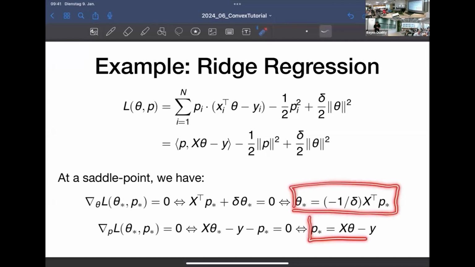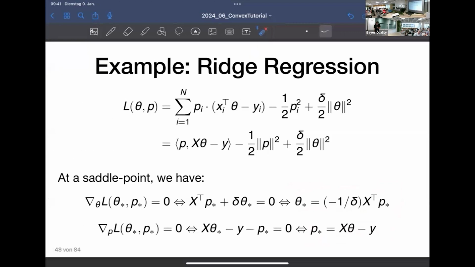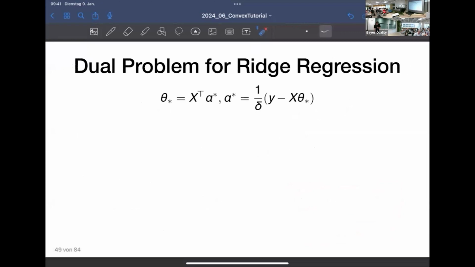And just using these two equations, we can already arrive at two different ways of solving the ridge regression problem. Under a small reparametrization, maybe I call my variable p, I rescale it, so -1 over delta times p, I call that alpha. So we see our familiar equation here, theta equals x transpose alpha, and alpha was the rescaling of p.